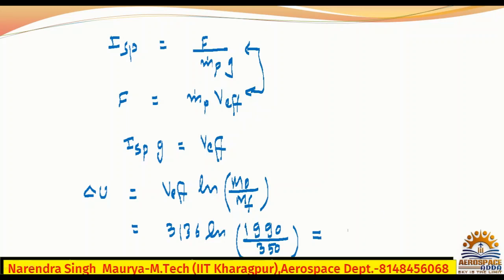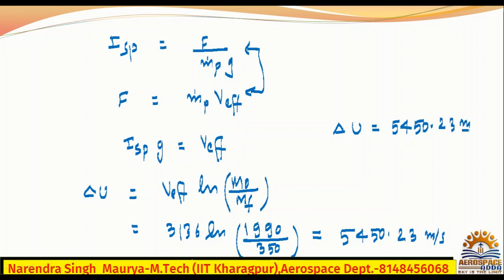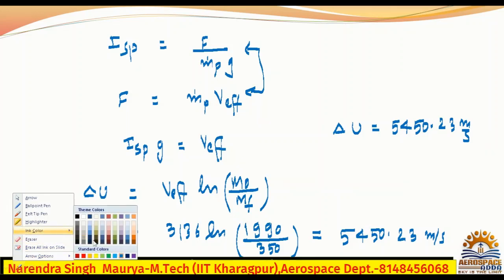This is nothing but 5450.23 meter per second. So this is the delta U we have calculated here, the value they have asked.